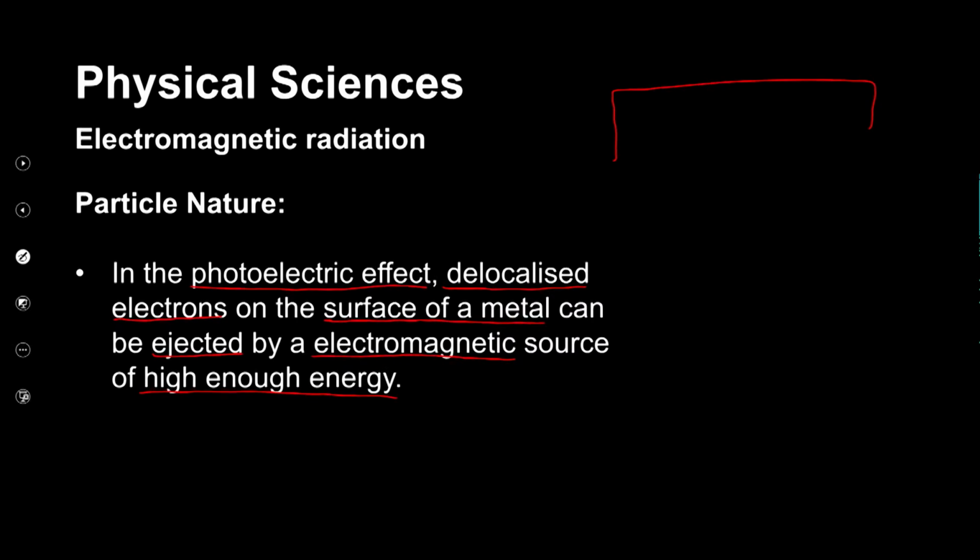If we have our metal, and on its surface there are delocalized electrons, in the photoelectric effect, when an electromagnetic wave of high enough energy strikes the metal, these surface electrons can be kicked off. And this is strong evidence for how electromagnetic radiation behaves like a particle.